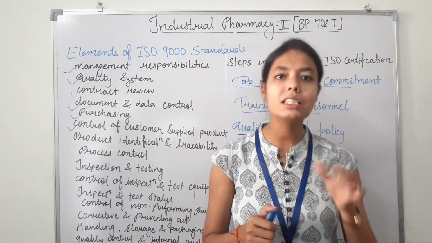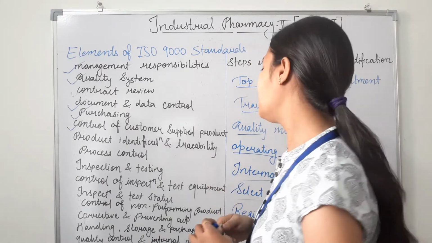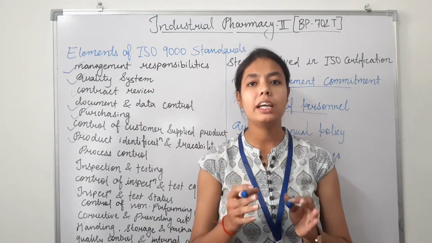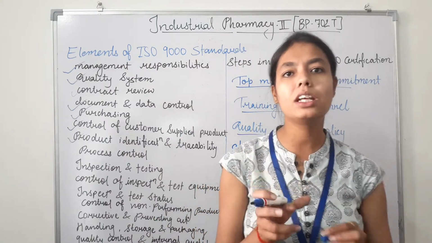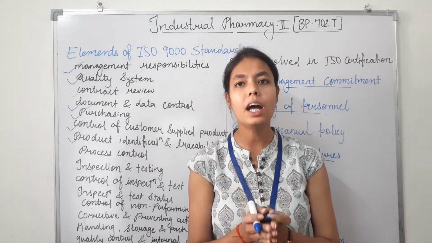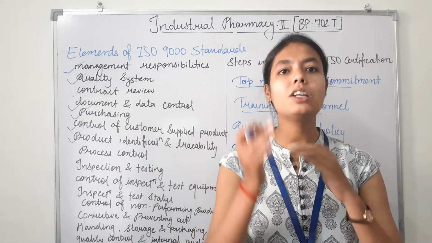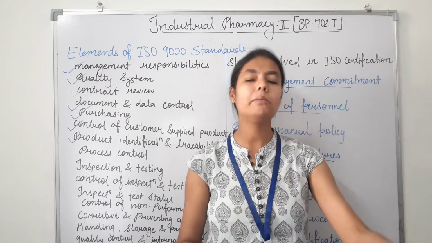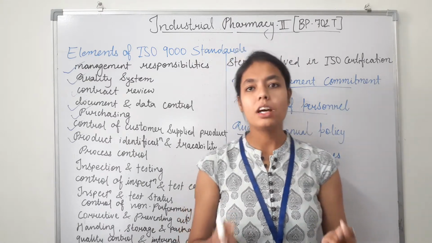The next one is product identification and traceability. A manufactured product must be traced through the various stages of its production and ultimately delivery to the customer.